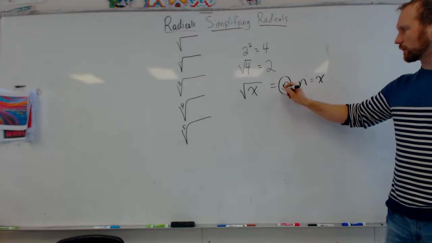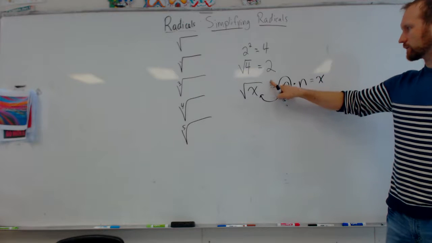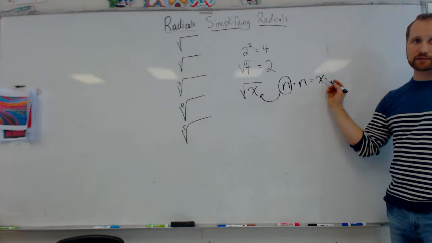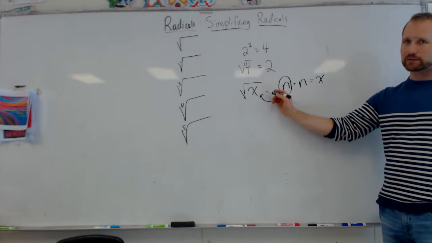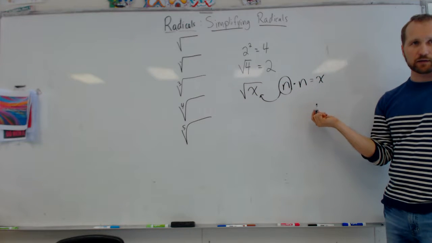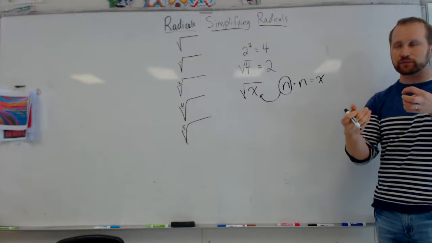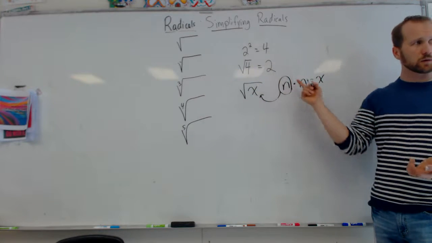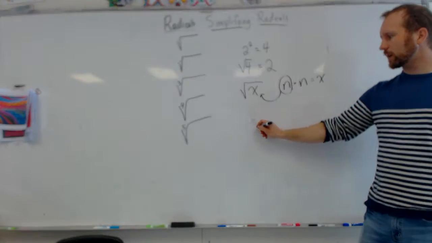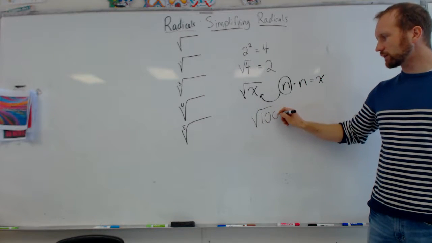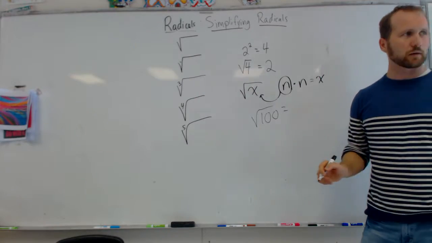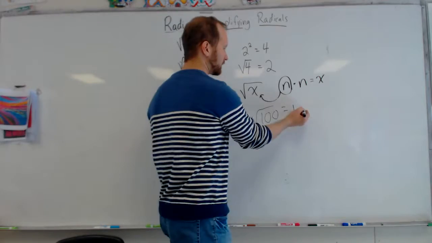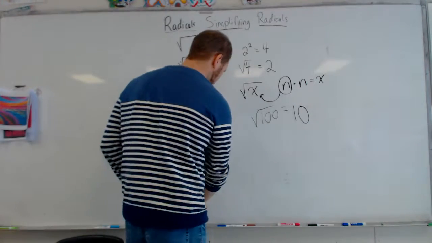That number is our answer. So if n times n is x, the square root of x is n. It's like, what number times itself equals that? What number times itself equals 4? 2. What number times itself equals 100? 10. So the square root of 100 is 10.